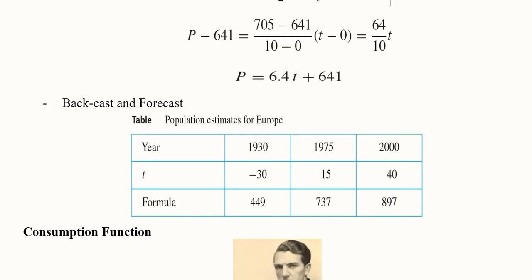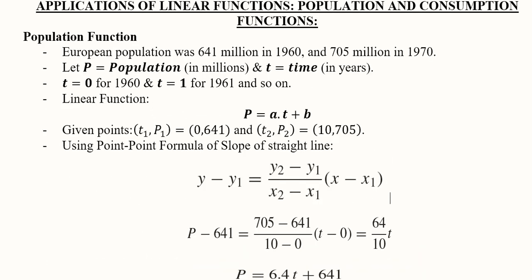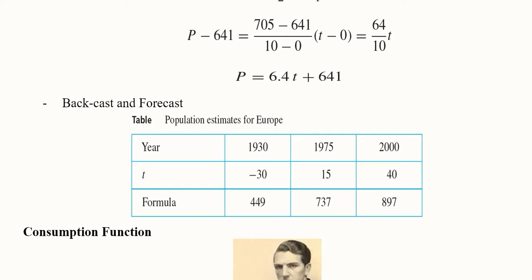For example, if we want to backcast, we can go back to 1930, which is 30 years back from 1960, the current point in time. So minus 30 is substituted for the value of T. When we put this in, I get the value of P, which will be 449.